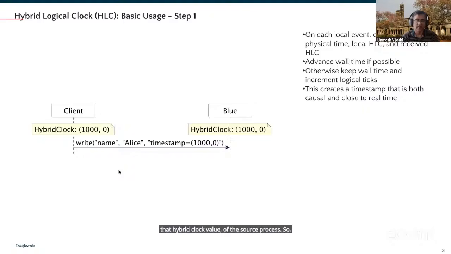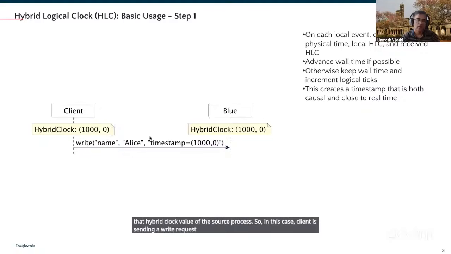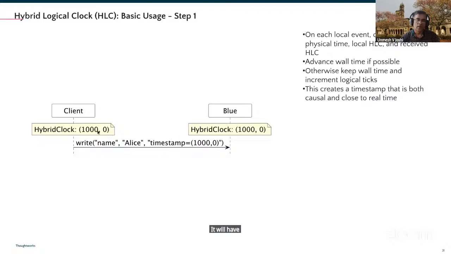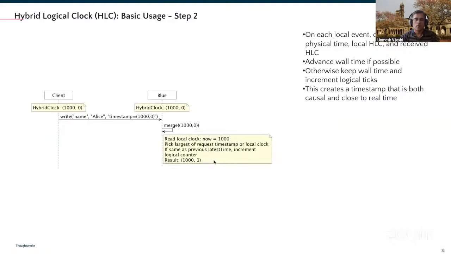So in this case, the client is sending a write request. It will have the hybrid clock value of this client, which is passed. And when the server receives this request, very similar to basic Lamport clock, it needs to merge the received hybrid timestamp value with its local timestamp value.